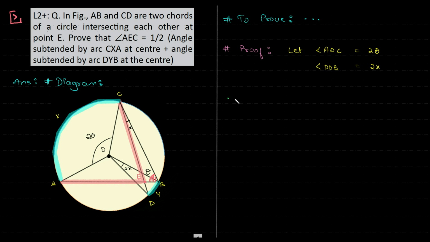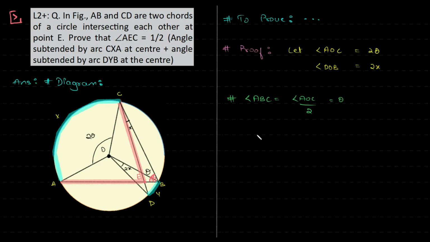Next thing is the angle subtended by this arc at the circumference is theta. So we have angle ABC equal to angle AOC by 2, which is equal to theta.